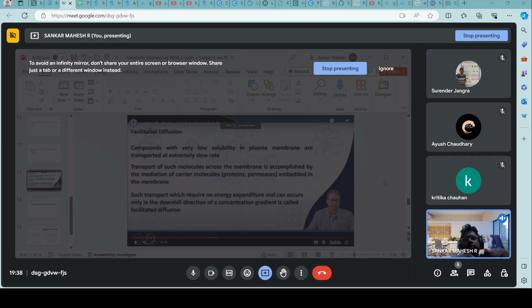Now that we are done with the sample questions for this week, we will look at a topic of discussion from last week. Surendra had asked how facilitated diffusion can be categorized as active or not. Facilitated diffusion means compounds that are not very soluble in the plasma membrane are transported at an extremely slow rate.